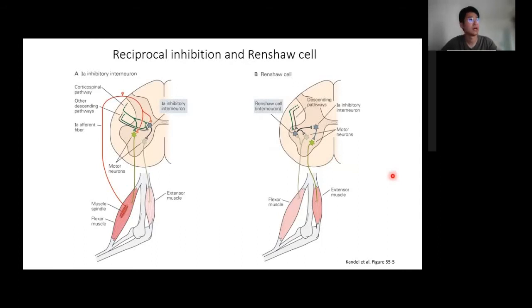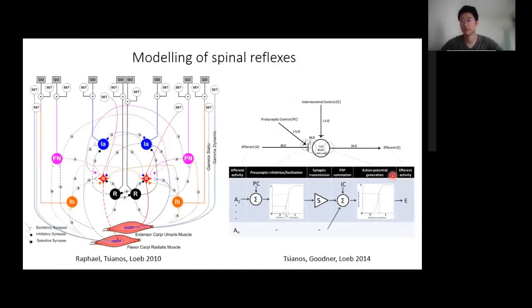Okay, we have gone through many types of reflex. This is a modeling study, and this study takes all types of reflex together and builds a model of this.